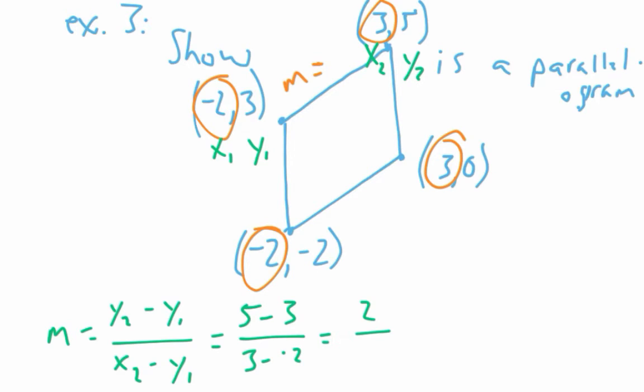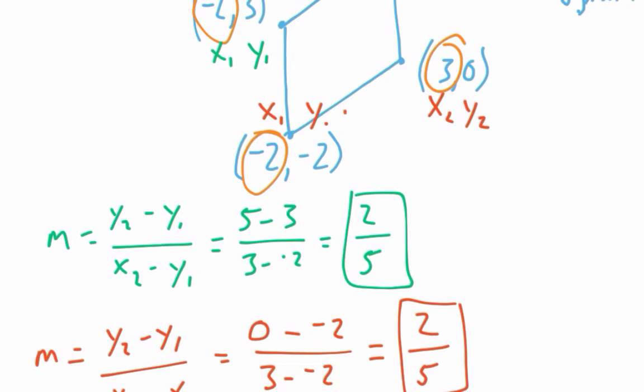So we have a 2 over 5. So the slope of the top is going to be 2/5. So then the slope here is going to be 2/5. So the top and bottom have to be parallel also. Good? Yep. So Roman numeral 3 is perpendicular lines.